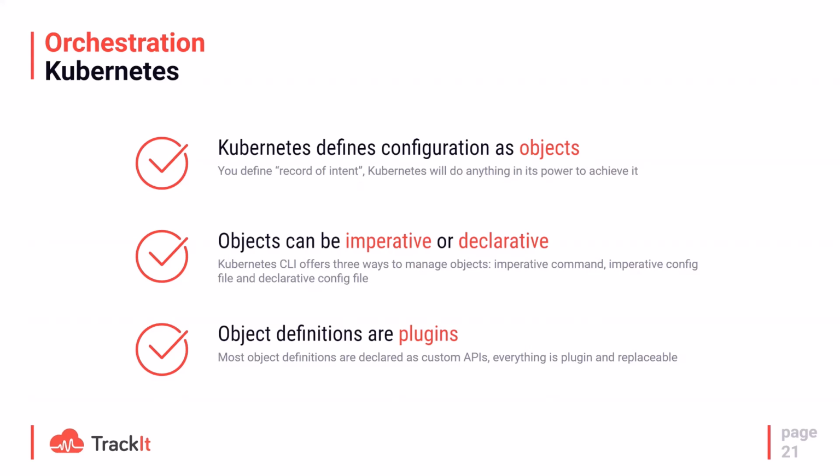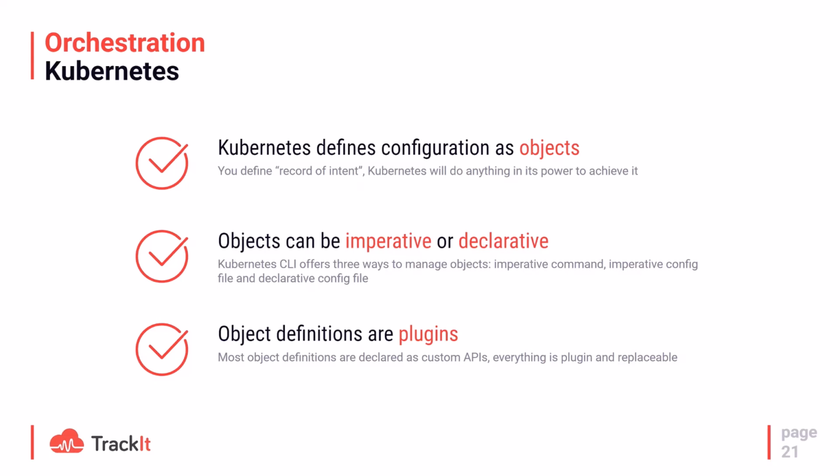So if you update the declaration file, when you apply the updates, Kubernetes will merge the new version you give it with the version running in production at the moment, and it will update the application like that.